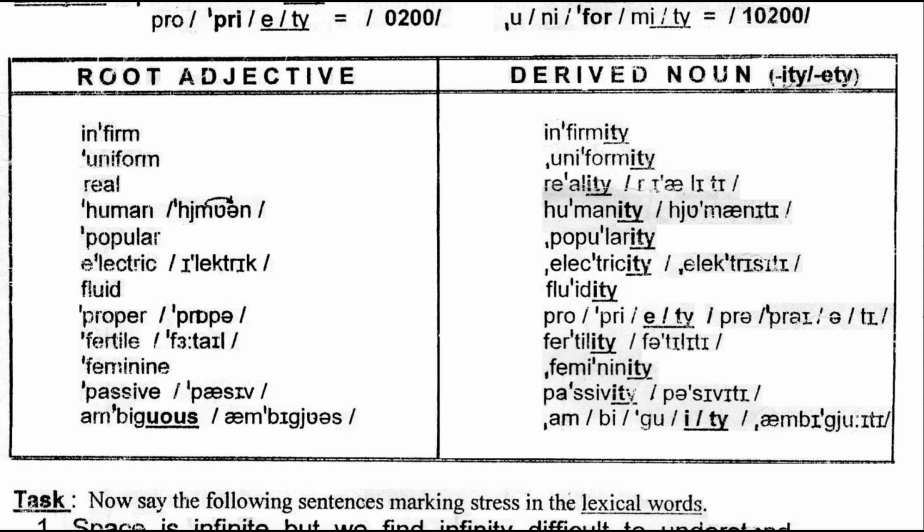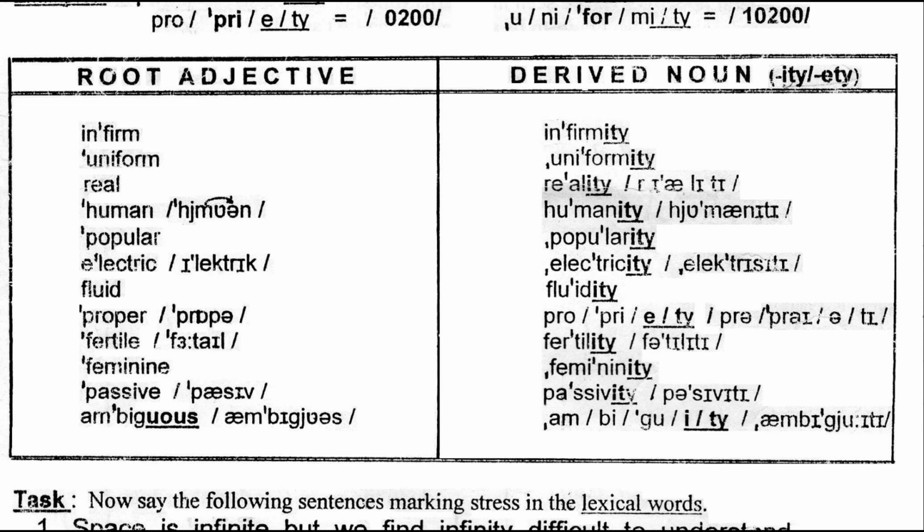Next word. Uniform. The stress is on u. The derived noun is uniformity. Uniformity. So the stress is on for, on the antepenult. Next word, real. The derived noun is reality. Stress on the antepenult. Human. Next word is humanity.